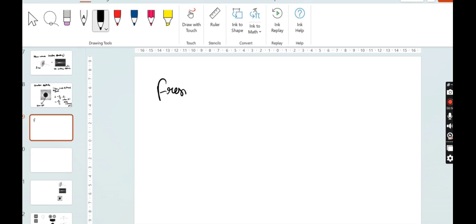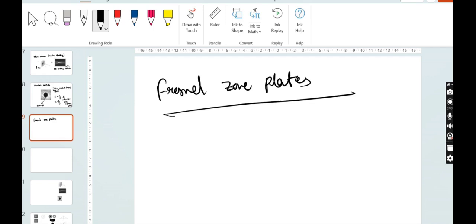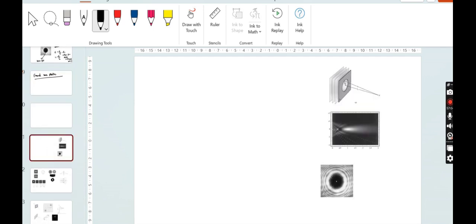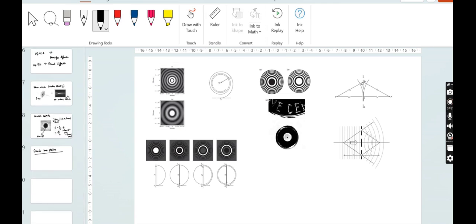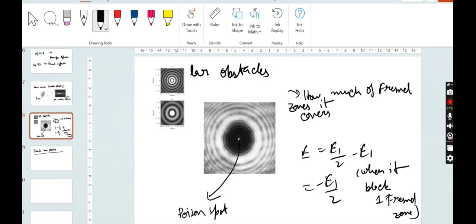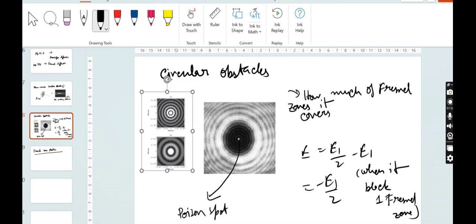Then come Fresnel zone plates. You can see the Poisson spots here also. This is also a Poisson spot.